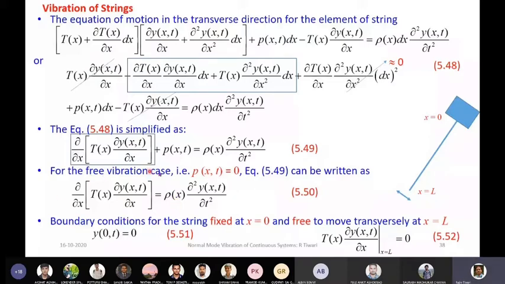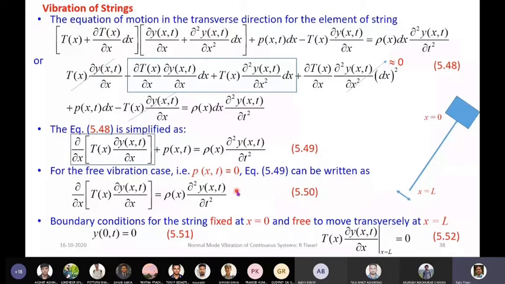So this equation is the governing equation, or the equation of motion of the string, and this is a partial differential equation, but much simpler compared to the beam case. In the beam case, the derivative with respect to x was fourth order, but here it is second order. So it is much simpler compared to the previous one. The time derivative remains the same because this comes from the acceleration of the cable.